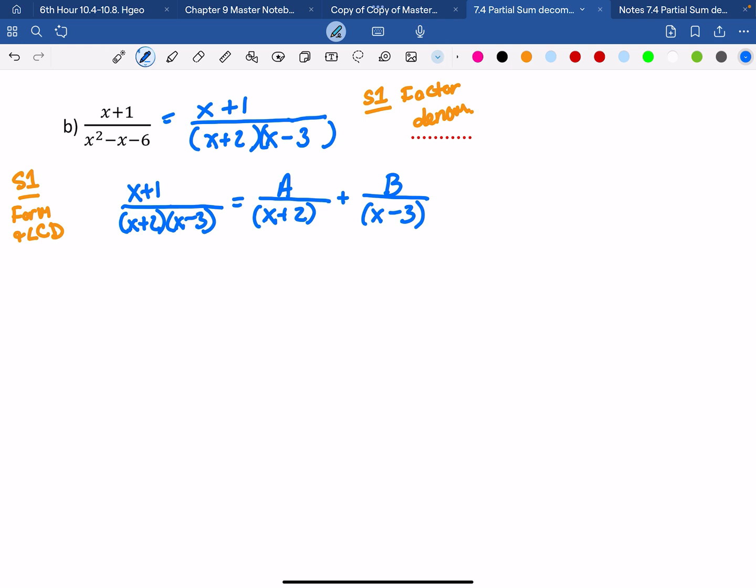Once you have the form all set up, now we're going to solve for A and B by clearing the denominator. Remember how to do that. You're going to take the original factors, which is always your LCD, and multiply both sides by that LCD. You have your x plus 2 times your x minus 3.